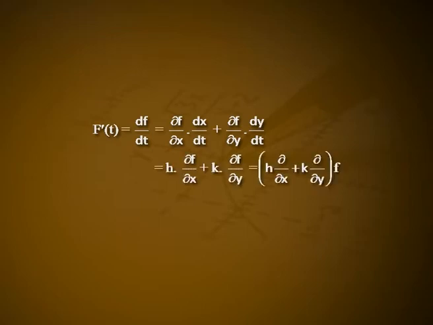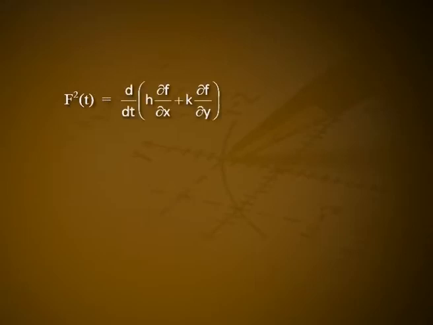Also, F dash of t equal to df by dt equal to del f by del x times dx by dt plus del f by del y times dy by dt, which is equal to h times del f by del x plus k times del f by del y, which is equal to h del by del x plus k del by del y of f, which is equal to Df.